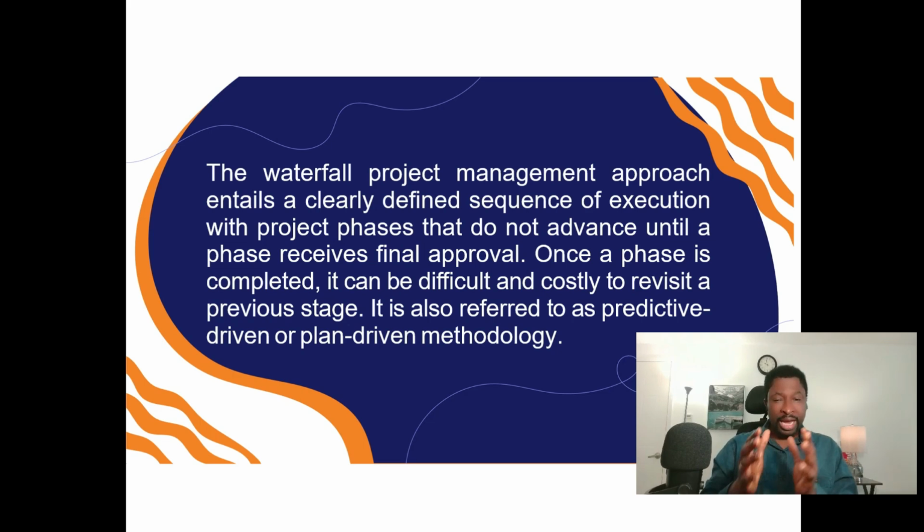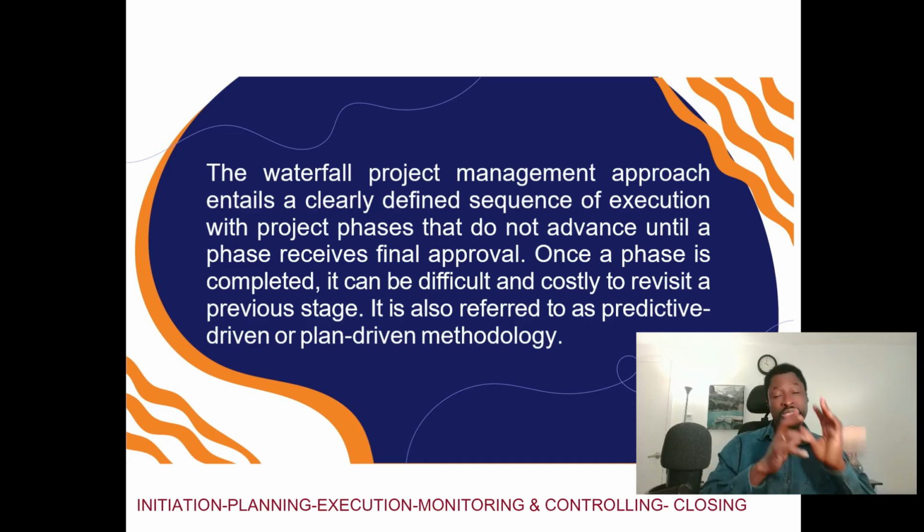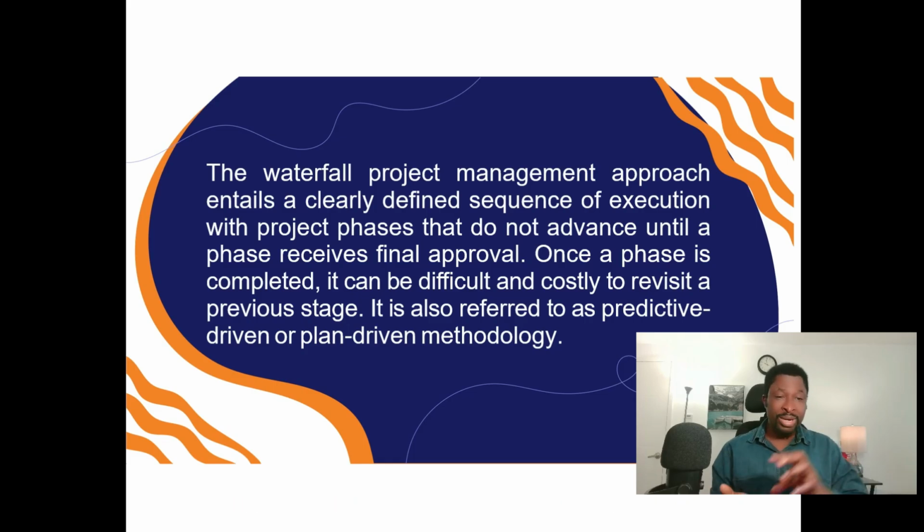At the beginning, we may have high level knowledge, but by the time we start the planning phase, talking to the stakeholders, we should be able to get good understanding of what the entire project will entail before we move into the execution, because what we have planned during the planning stage is what we are going to execute. So we can't execute what we don't have an understanding of. That is how it works in Waterfall project management techniques.